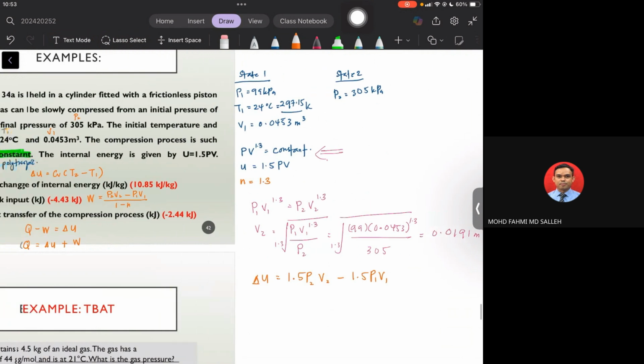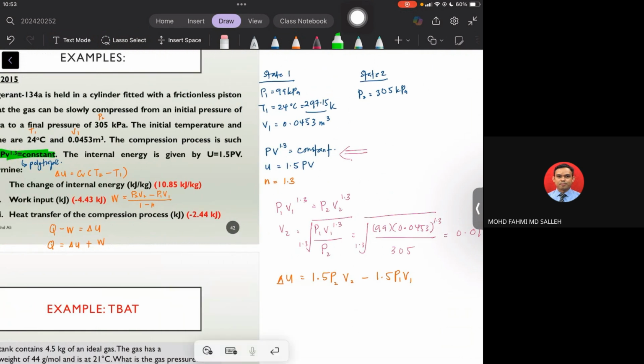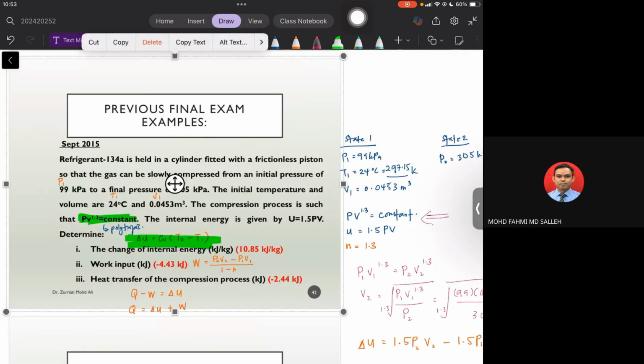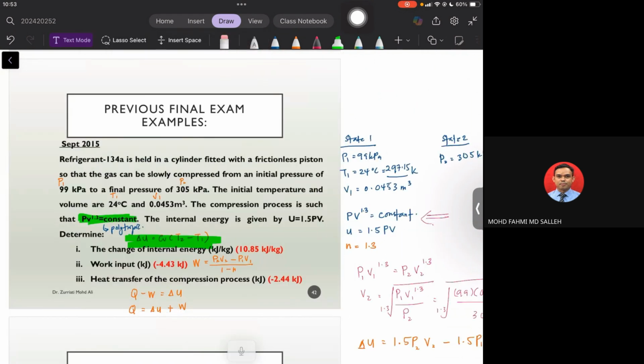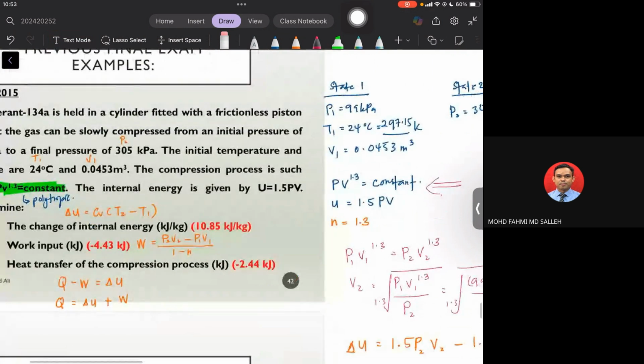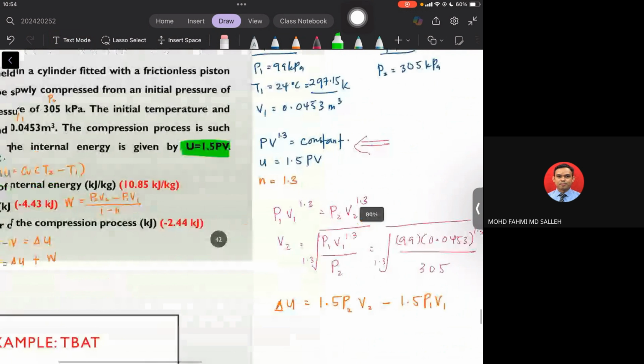Alright, although I could write to find the change of internal energy as such, since it has been given from the question the correlation for the internal energy, we just use this one.